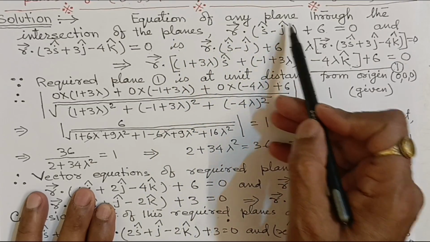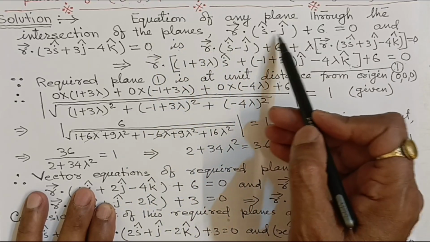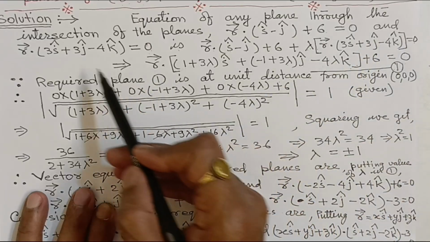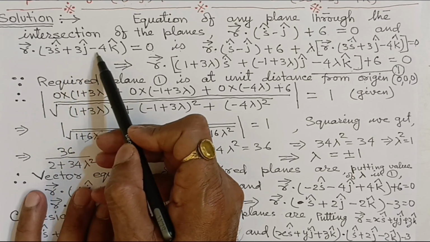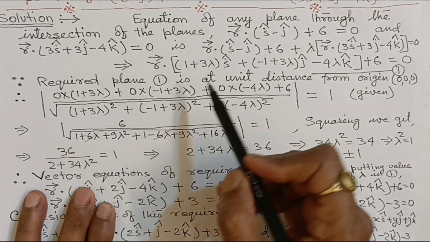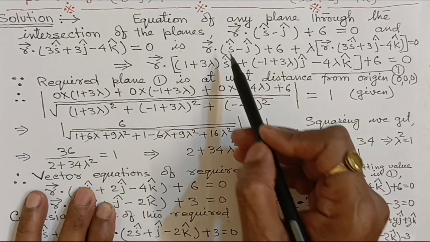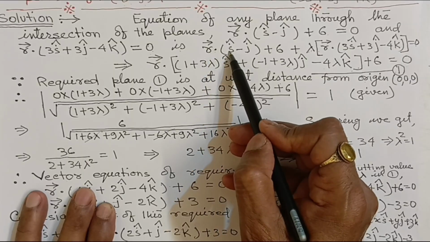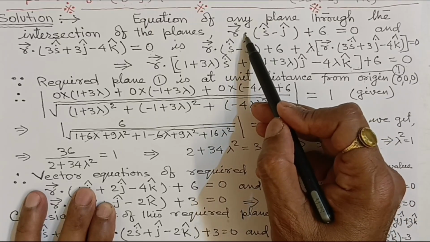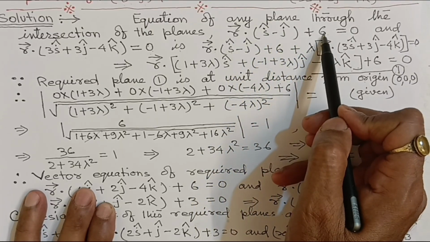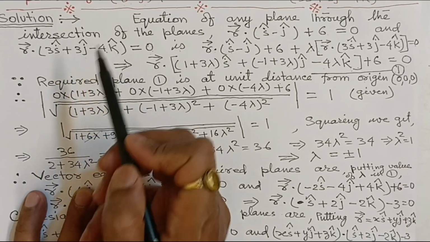The equation of any plane through the intersection of the planes vector r dot (i minus j plus k) plus 6 is equal to 0 and vector r dot (3i plus 3j minus 4k) is equal to 0 is: vector r dot (i minus j plus k) plus 6, plus lambda times vector r dot (3i plus 3j minus 4k), is equal to 0.